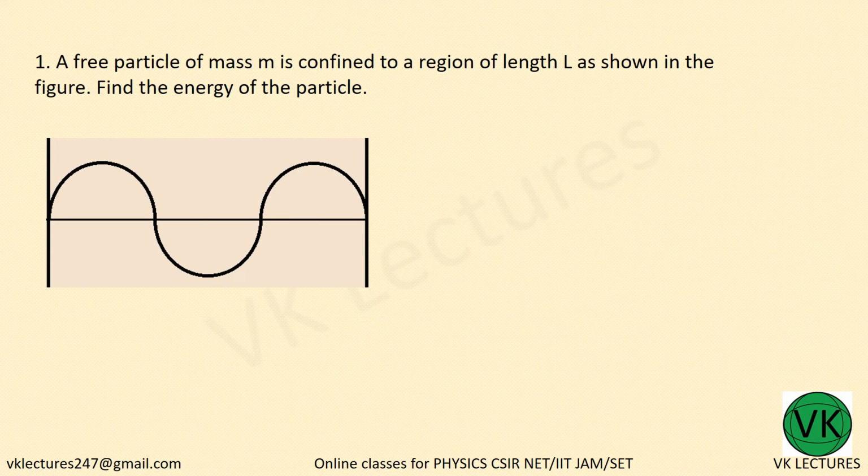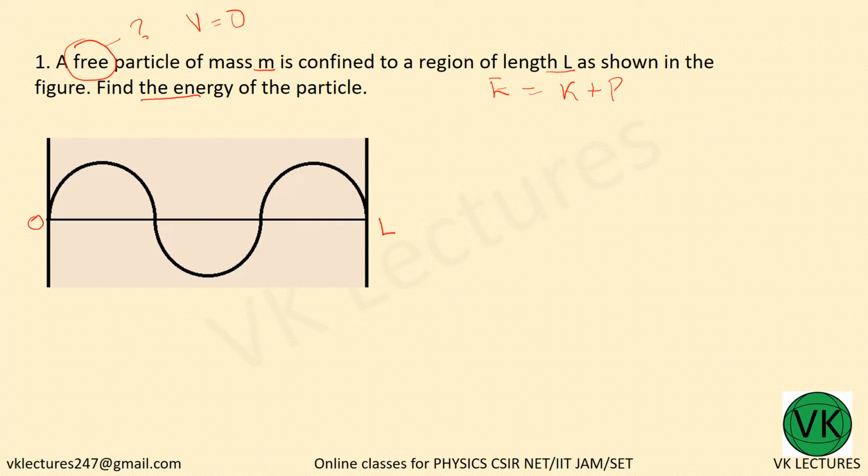A free particle of mass m is confined to a region of length L. So this length is L, 0 to L, a free particle. Free particle means potential is 0. So find the energy of the particle. Energy of the particle is nothing but kinetic energy plus potential energy.